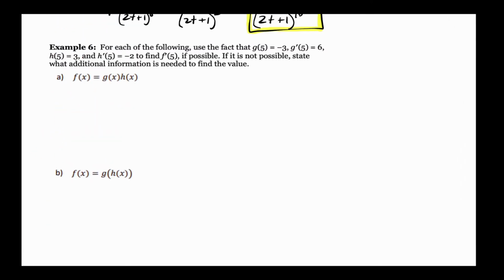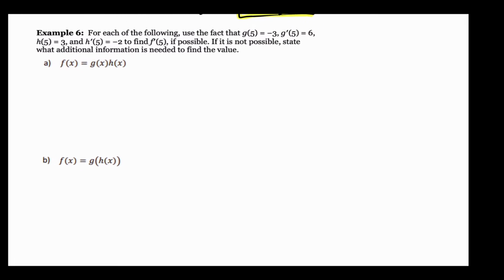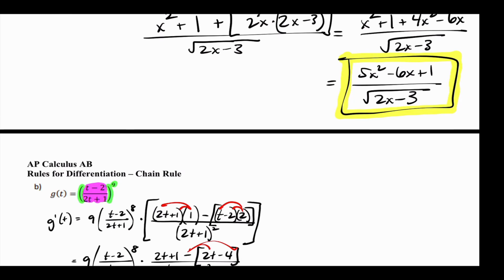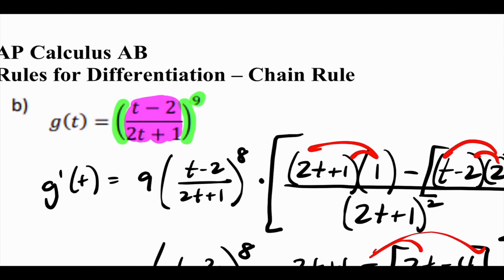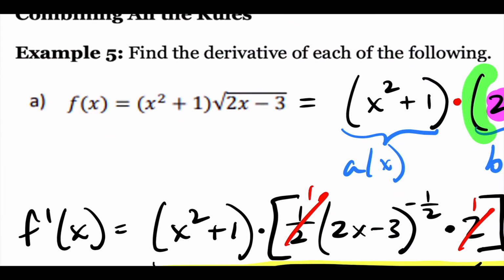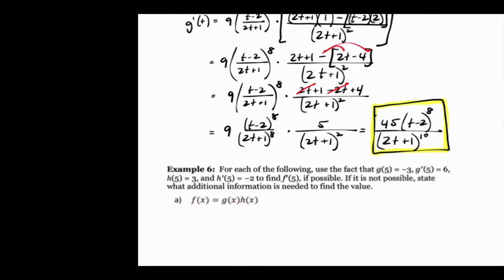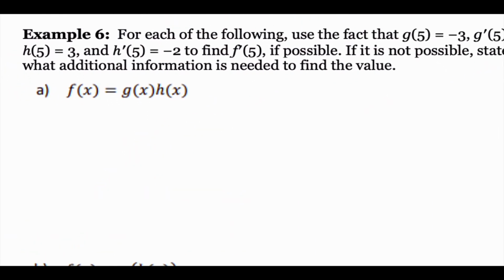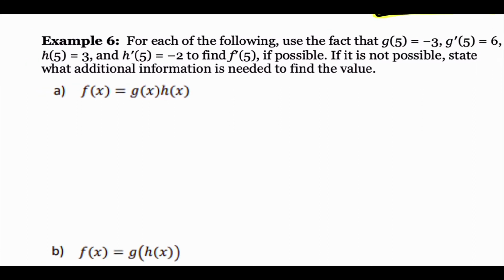Let's see here. Okay, so they give us a bunch of information. What they don't give us is the actual function g of x, but they tell us the answers. There's a function called g.